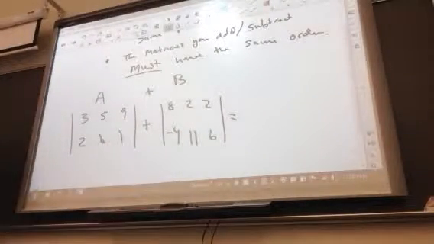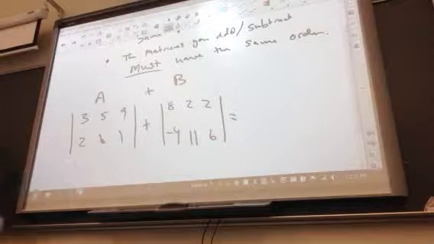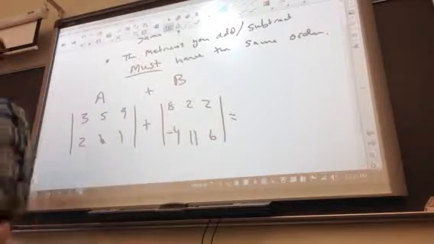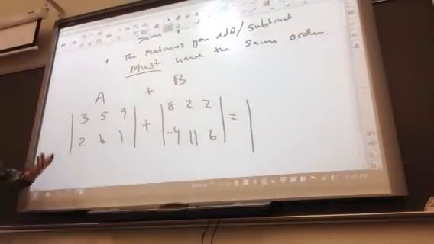Addition is fairly straightforward. All I'm going to do is 3 plus 8, then 5 plus 2, then 9 plus 2, then 2 plus minus 4, then 6 plus 11, and so on, just going across. My sum is going to be in the same position.